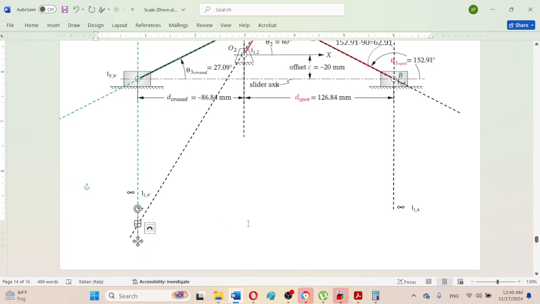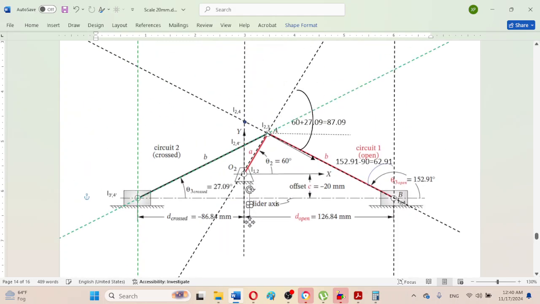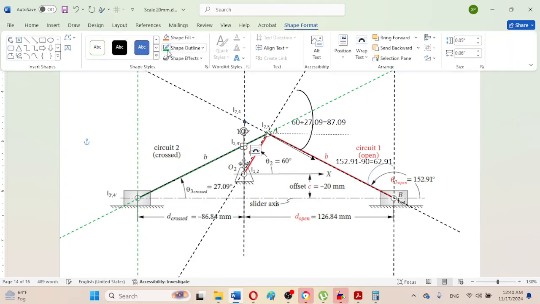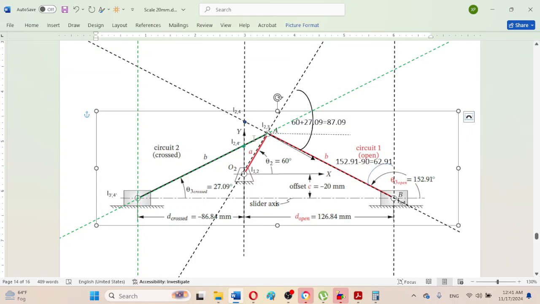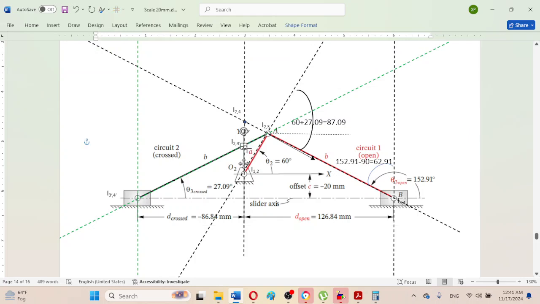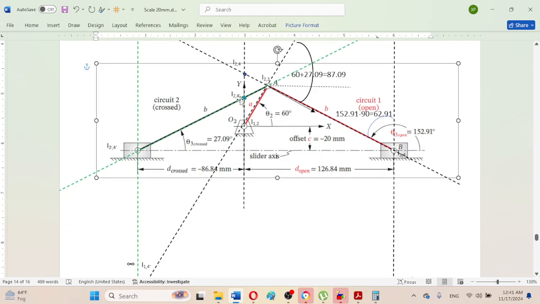Just for example, use this symbol to make it clearer or highlight it, and we can also change its color as well. Here, like this. So this is the instant center I2,4.